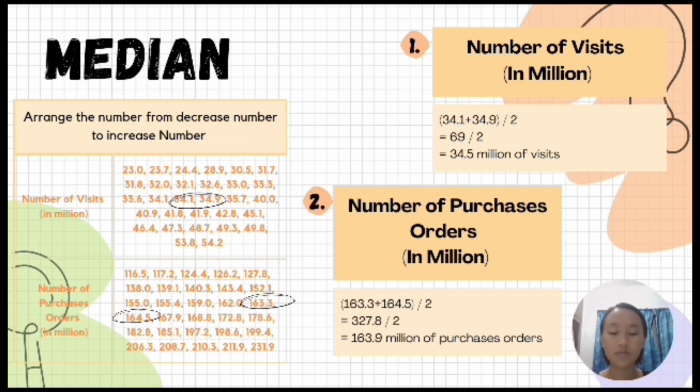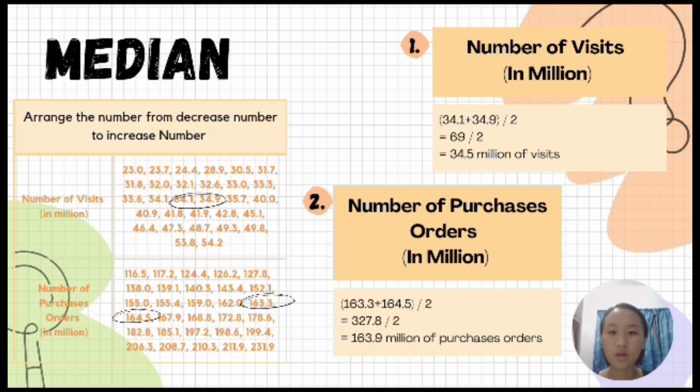Second, a measure of central location is the median. Median is the middle number of the data. But if there are two middle numbers in the data, we need to sum those numbers and divide by 2.